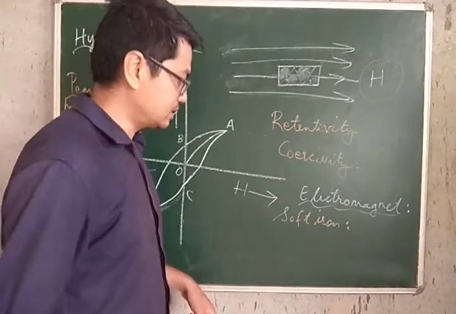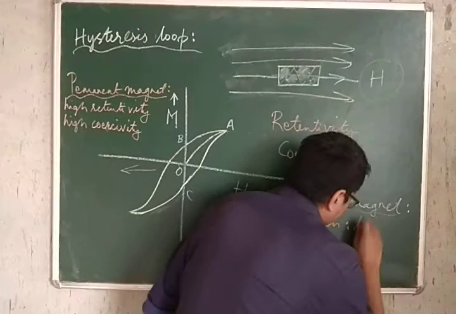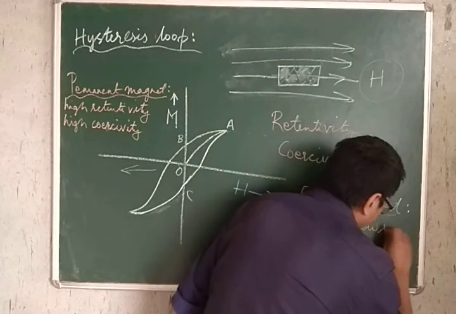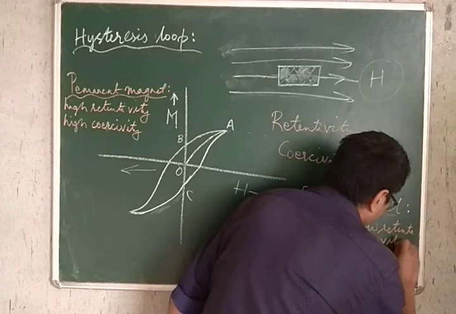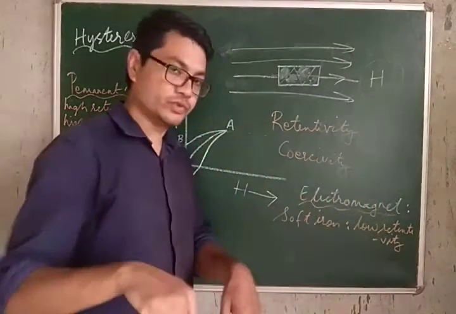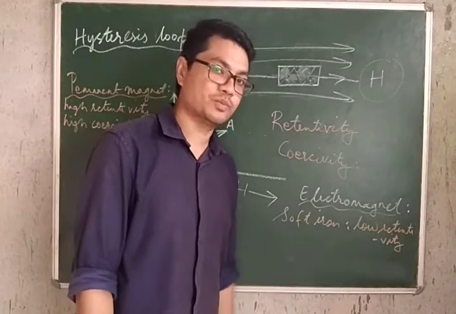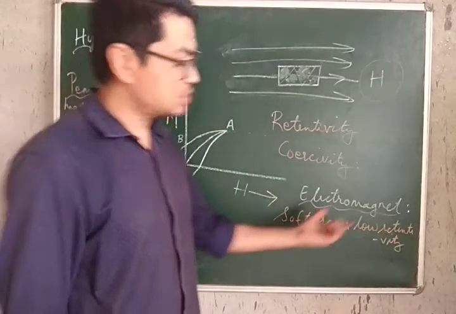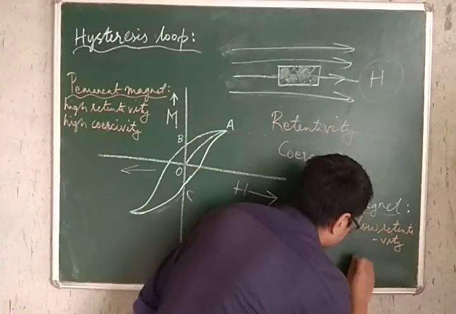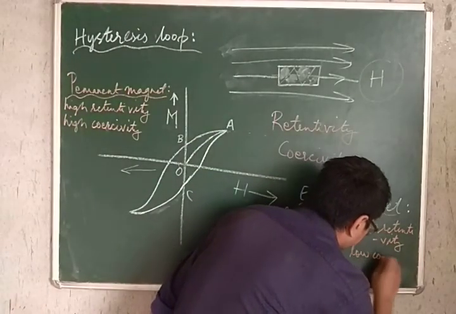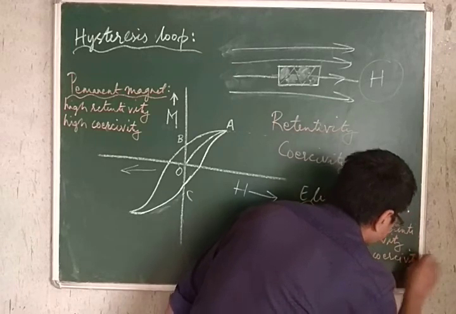Soft iron has low retentivity, because the moment you turn off the current, it should lose all of its magnetic behavior. That is what is required to make an electromagnet. And of course, it should also have a low coercivity.